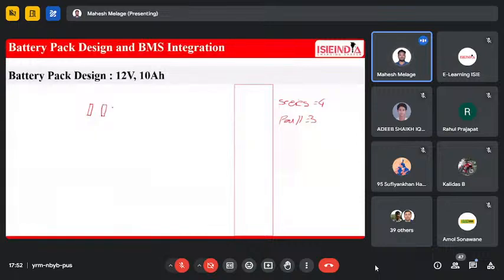These are 3 cells: positive, negative, positive, negative, positive, negative. The 3 positive terminals are connected together. And this is the first. And we connect in series. How many in series? 4. This is 4 times.